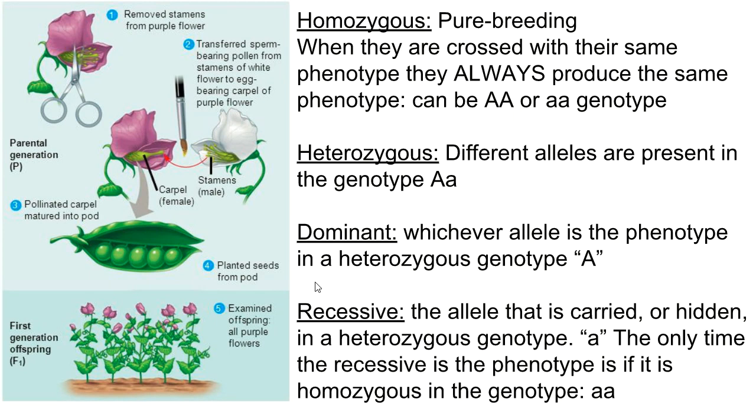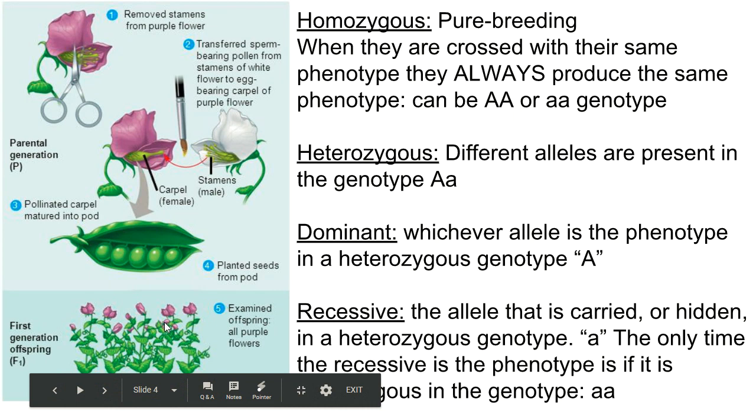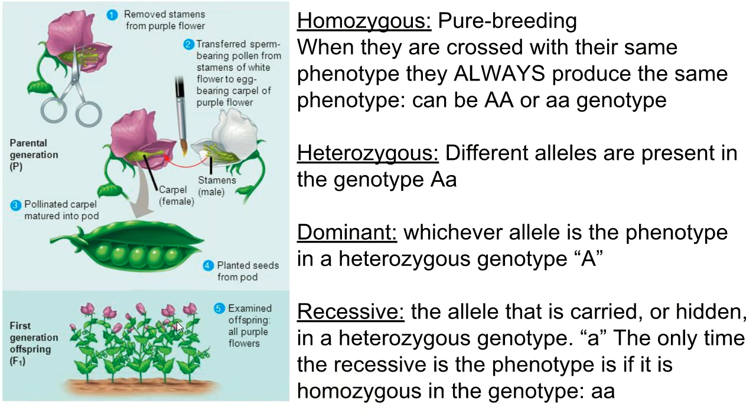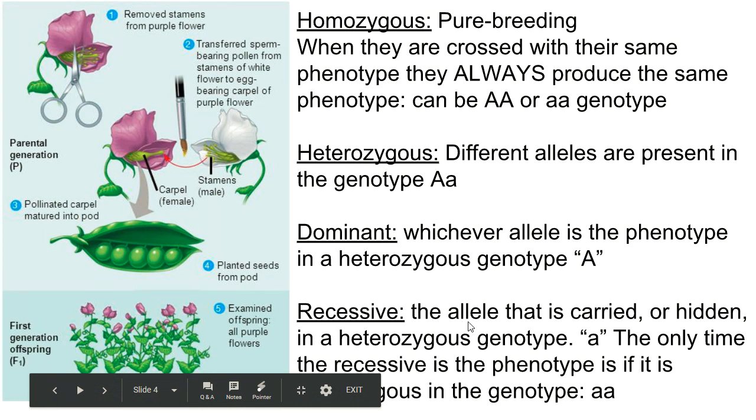And again, defining these terms, the recessive allele here is the one that's carried or hidden in the heterozygous genotype. So these pea plants are still carrying alleles for white flowers, you just don't see them. So they can pass on this white allele, and we consider that a little a.